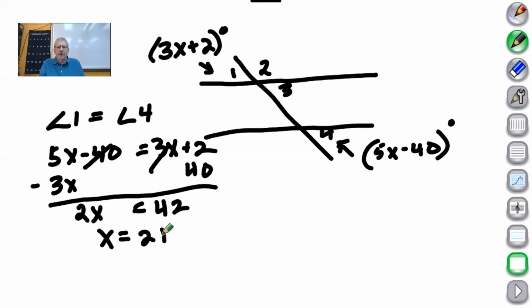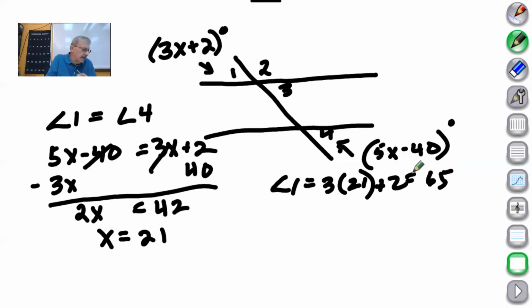So now we want to find out what this angle is. We're just going to replace this x with 21. So angle 1 is 3 times 21 plus 2. What would that be? 63 plus 2 is 65.